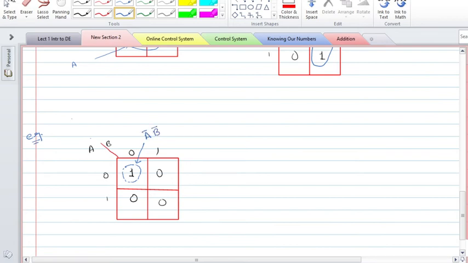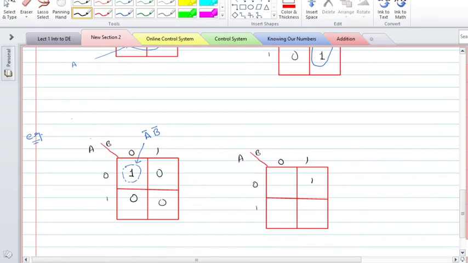So the function which represents this group is this one. Similarly, if we have 1 at this position, then the single group possible is this one, and this represents A bar B.